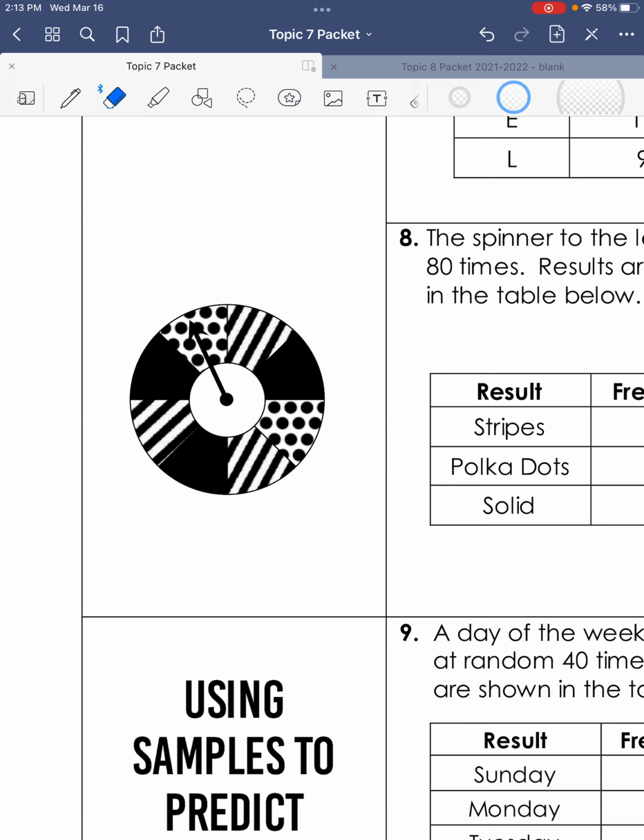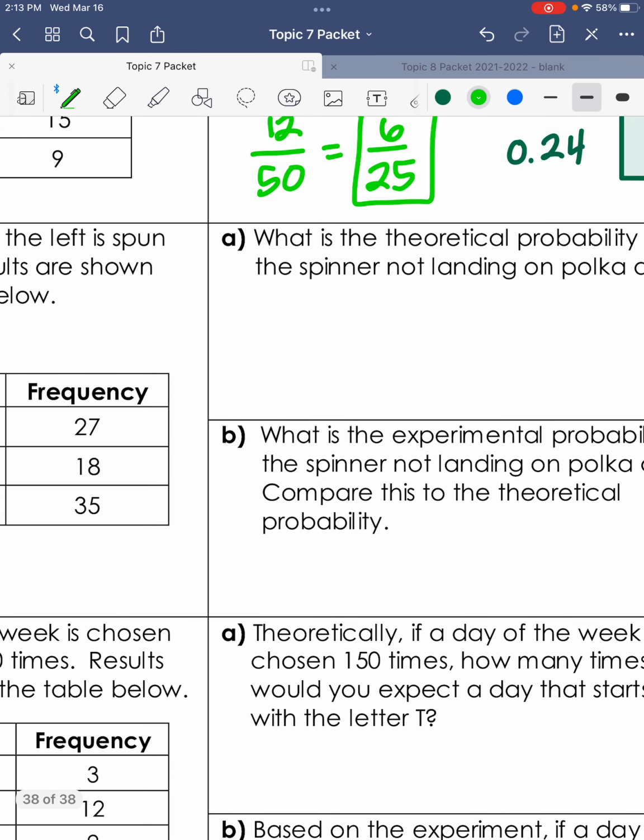So I cannot include this section here, and I cannot include this section here, but I can include all the other sections. So 1, 2, 3, 4, 5, 6. 6 out of 8 sections would be not landing on polka dots.